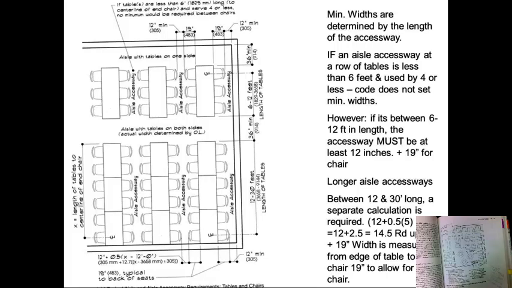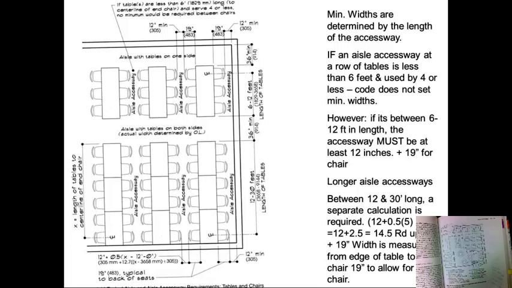And then you still, this person's going to have to squeeze through. However, if it's between 6 and 12 feet in length, the accessway must be at least 12 inches plus 19 inches for chair. Okay? Longer aisle accessways, between 12 and 30 feet long, are separated.